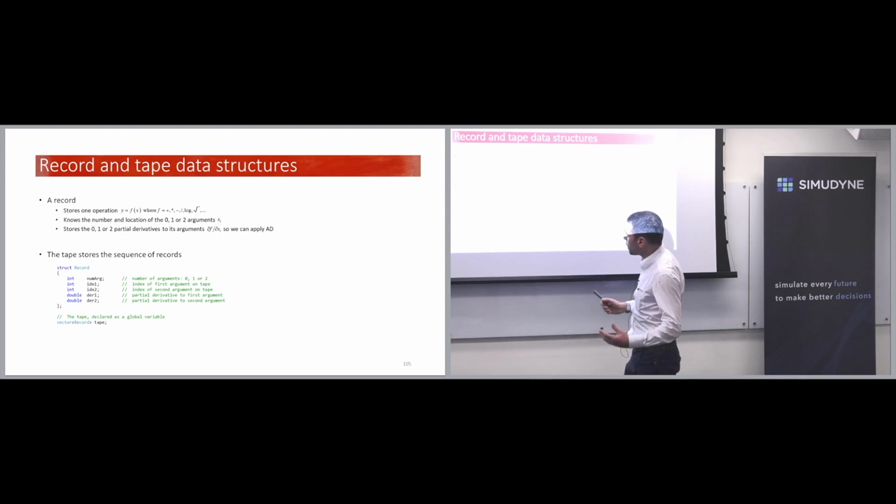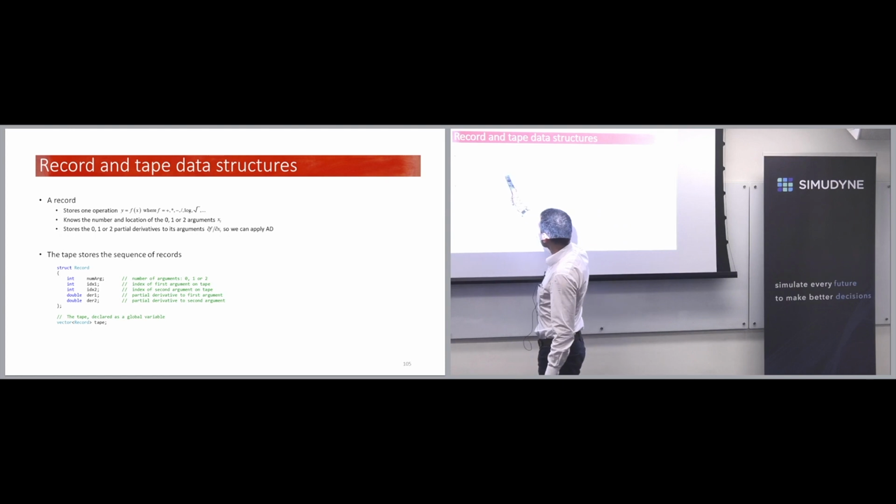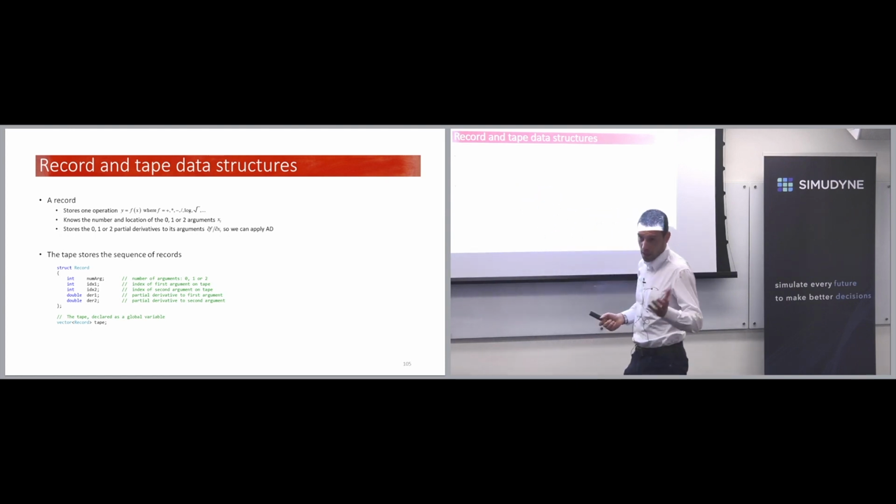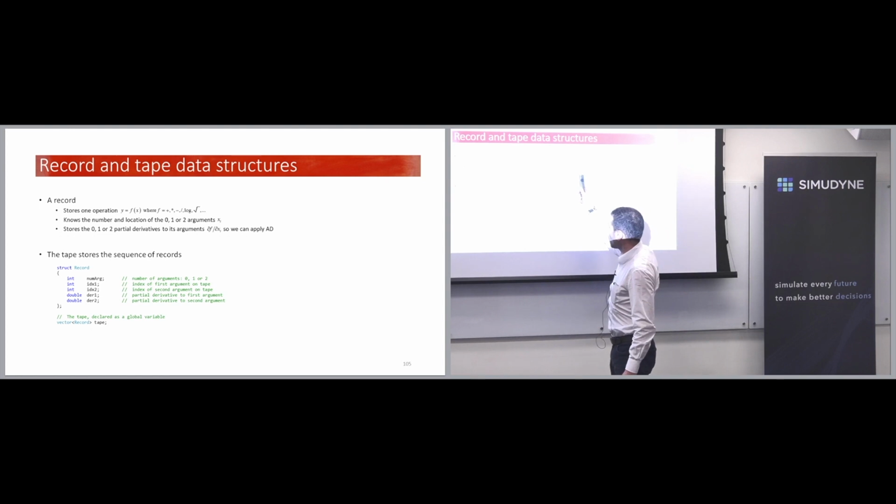And it needs also to calculate and store the 0, 1, or 2 partial derivatives to its arguments, so the df over dxi. These are building blocks, so we know the derivatives again, so that we can apply AD. So this is my record.